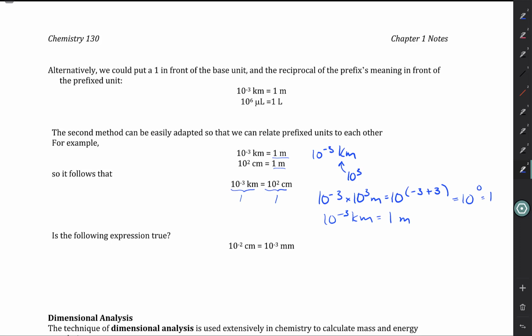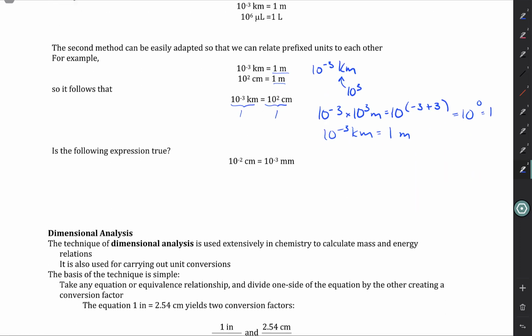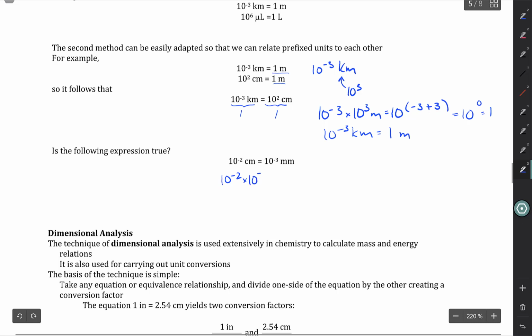Now, the risk inherent in doing conversions this way is that if you're not very careful with what you're doing, you could get these backwards. So let's ask ourselves, is the next statement true here? 10 to the negative 2 centimeters, is that equal to 10 to the negative third millimeters? Well, no. 10 to the minus 2 centimeters, centi is 10 to the minus 2. So 10 to the minus 2 times centi stands in for 10 to the minus 2, meters. Does that equal, well, milli is 10 to the minus 3.